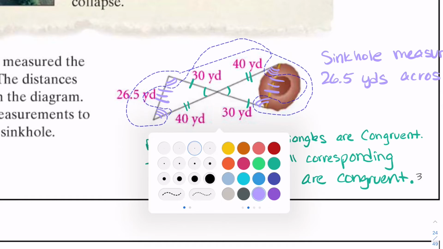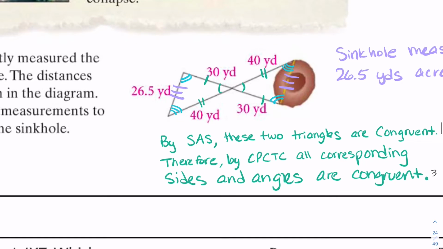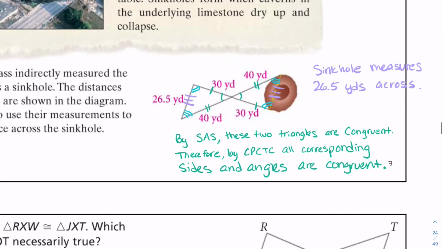Let's change it to light blue, that's fine. Okay. And I'm just going between the 30 and the 26.5. So the 30 and 26.5 is this one right here. So that's why those have 2.